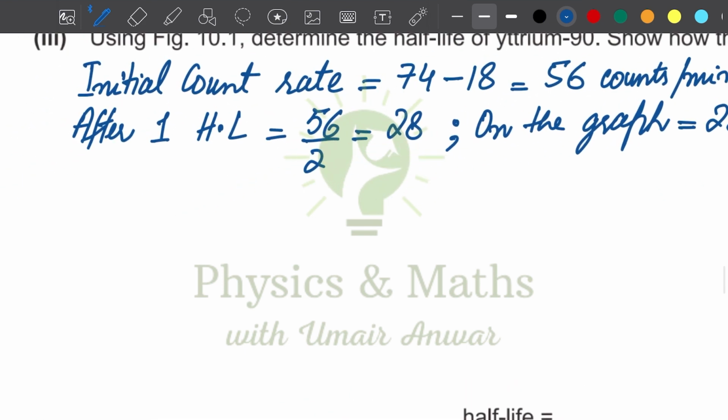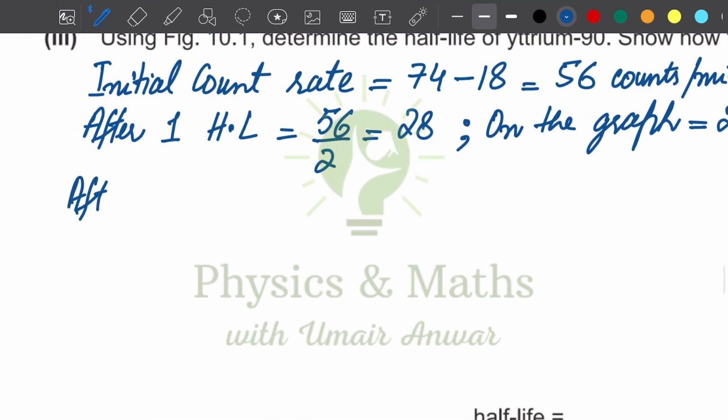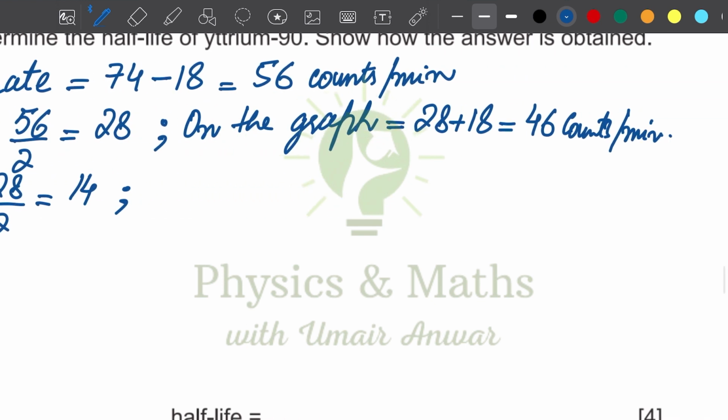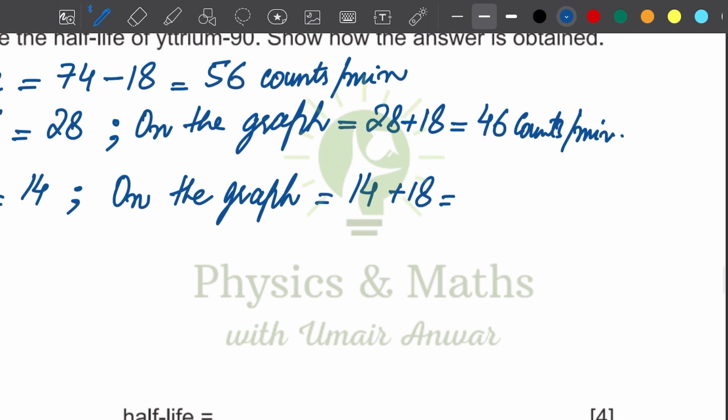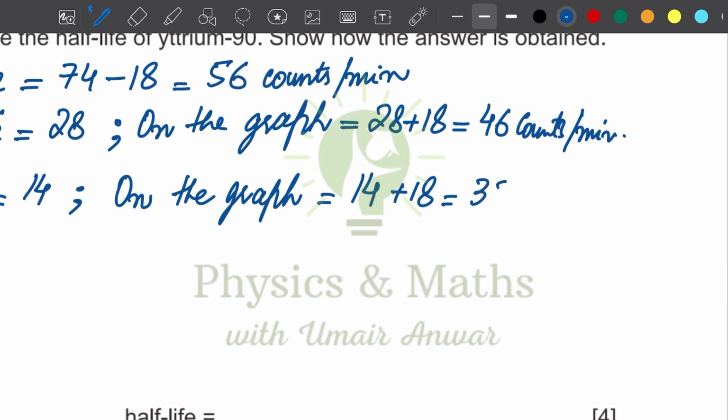After the second half-life, the 28 would again be halved and it would become equal to 14. While on the graph, the value taken should be 14 plus the average background count rate. So it would be equal to 32 counts per minute.